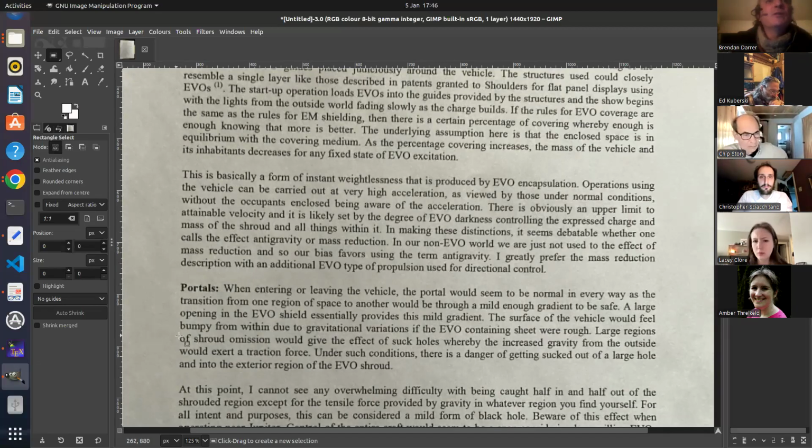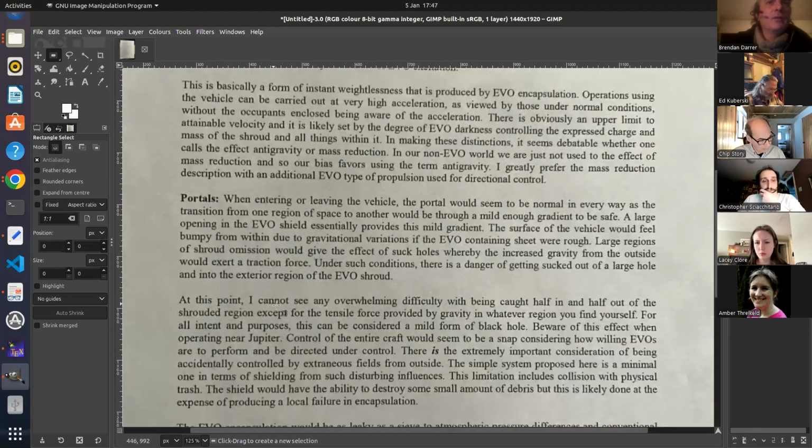Large regions of shroud emission would give the effect of suck holes, whereby the increased gravity from the outside would exert a traction force. Under such conditions, there is a danger of getting sucked out of a large hole and into the exterior region of the EVO shroud. Wow.